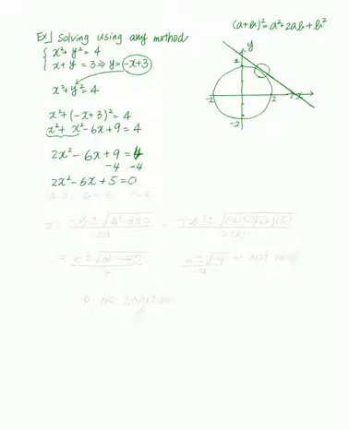Now here, this quadratic, I can't factor. So I have to go to the quadratic formula. I'm going to notice that a is equal to 2, b is equal to negative 6, c is equal to 5. In case you forgot, here's the quadratic formula. x equals negative b plus or minus the square root of b squared minus 4ac all over 2a.